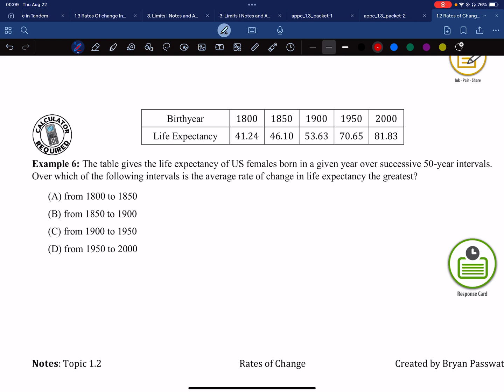So the table gives the life expectancy of U.S. females born in a given year over successive 50-year intervals. Over which of the following intervals is the average rate of change of the life expectancy the greatest? So again, if you don't have a calculator, just make sure we set it up and then we can do the calculator steps later.